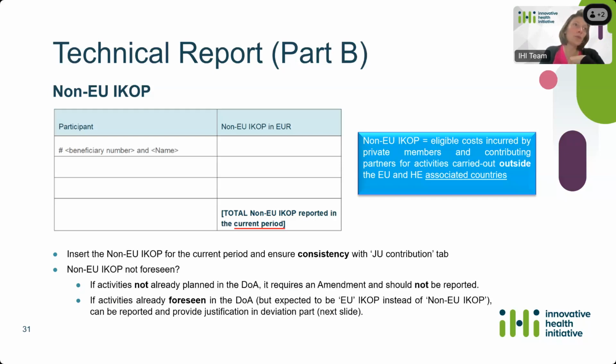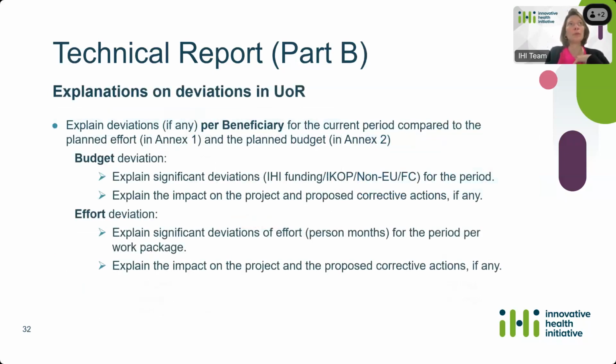While it can be reported if it's linked to an activity that was already foreseen in the DOA, but for instance was expected to be EU IKOP and not non-EU IKOP. But in that case, the activity as such is foreseen, and therefore it can be reported, and you just need to provide a small justification in the deviation part, which will be explained, I think now, yes, by Calliope.